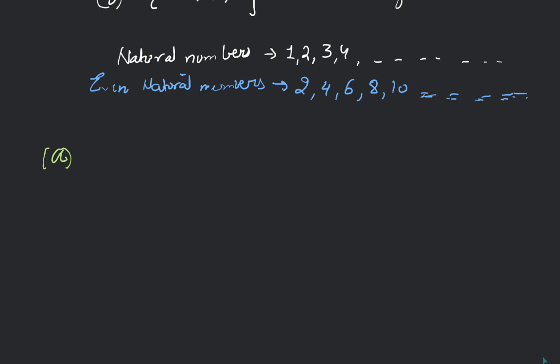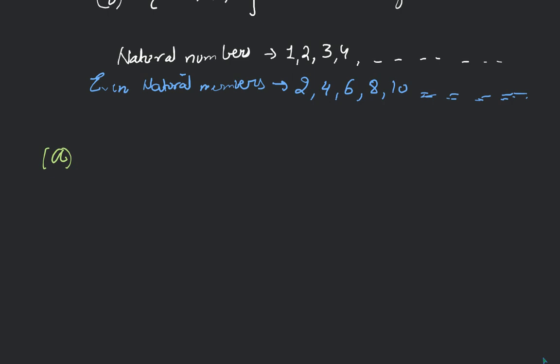Okay. So we have the options as the set of natural numbers greater than or equal to 3 and less than or equal to 6, which is absolutely correct because the other options are not applicable to this roster form.